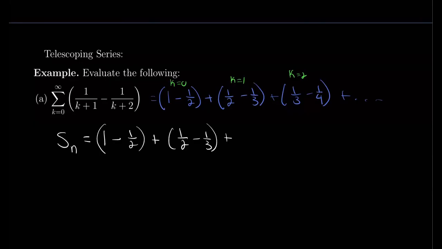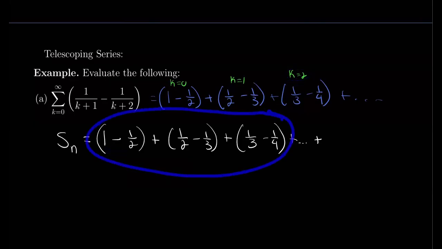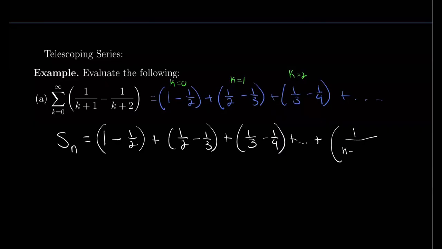And then if I wanted s sub 3, I would add in the third one. So plugging in k equals 2 gave me s sub 3. So I'm off by one. S sub n would be when I plug in n minus 1, because I'm off by 1 when I start counting at 0.